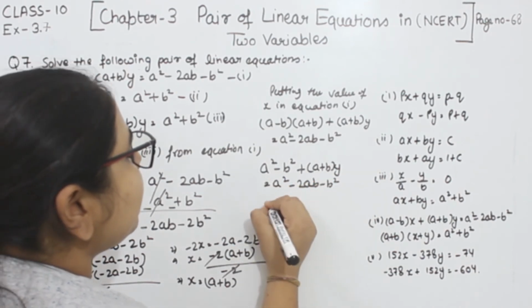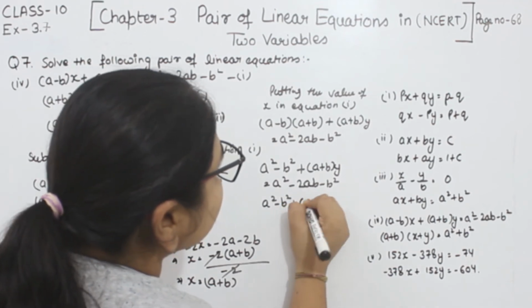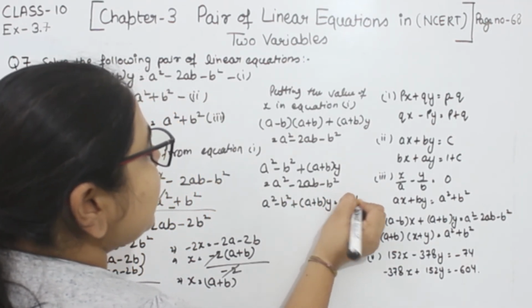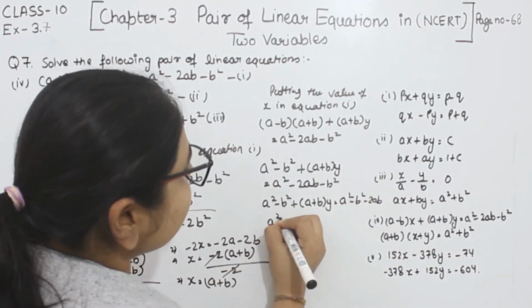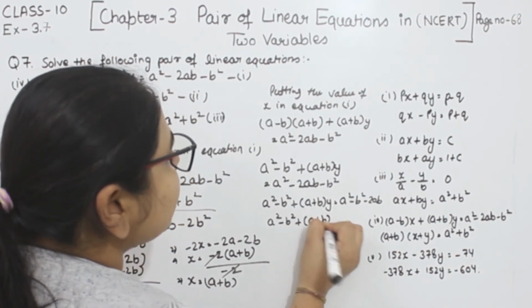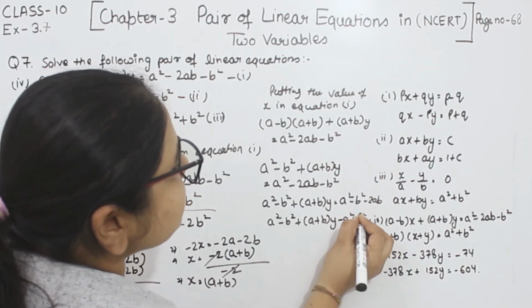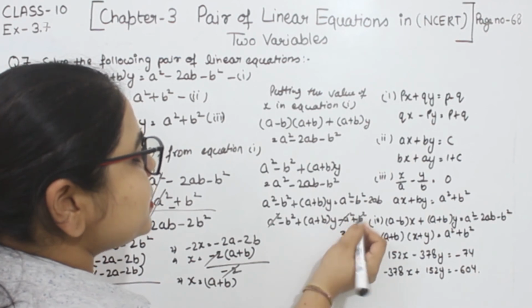Now here we have a square minus b square and plus (a plus b)y, and here a square minus b square minus 2ab. Now I am going to transpose this one here. So I have a square minus b square plus (a plus b) multiplied by y, this is the minus a square, this is the plus b square, and this is equal to minus 2ab. Now this one is cancelled, this one is cancelled.